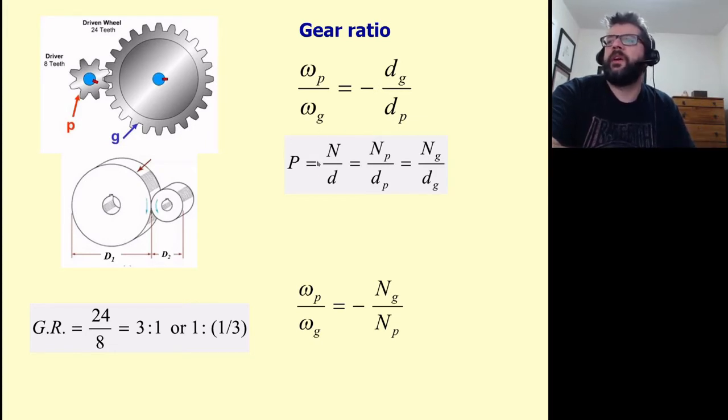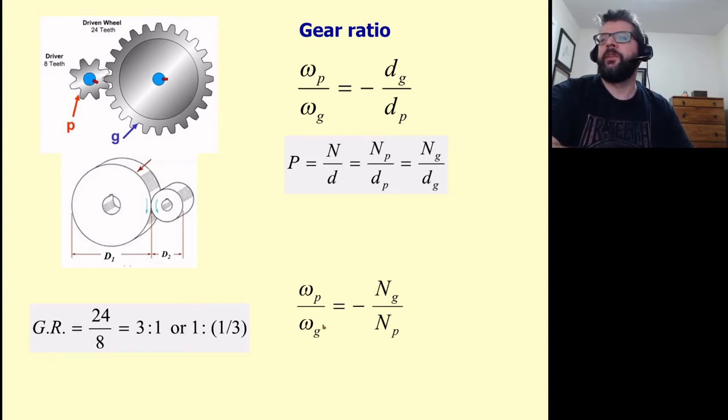Of course, if we want these gear teeth to mesh together, they need to have the same pitch, so we can also relate that in terms of just the number of teeth. Knowing that this P is a constant, the number of teeth in the pinion divided by the diameter of the pinion needs to be equal to the number of teeth in the gear divided by the diameter of the gear.